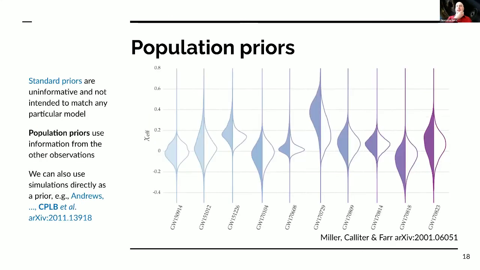What I'm showing here is results from a rather nice study that shows the posterior probability distributions on chi-effective for the events from our first catalogue of gravitational wave detections. These plots are called violin plots: the width of the distribution shows the probability, so higher probability is further away from the line.